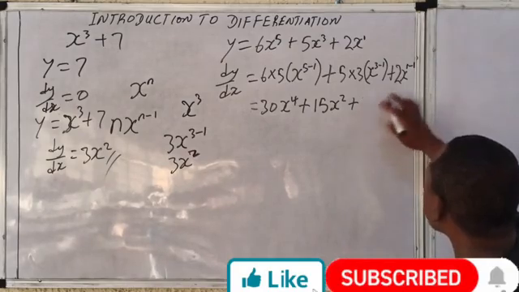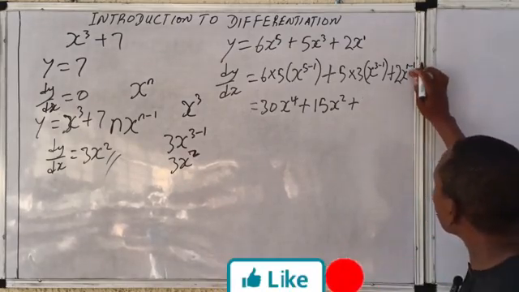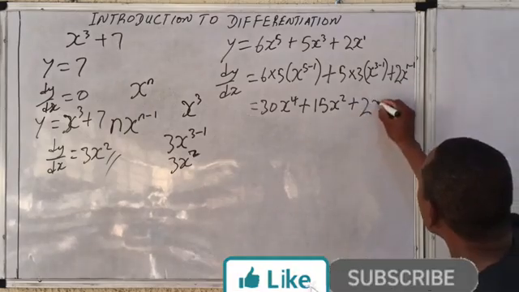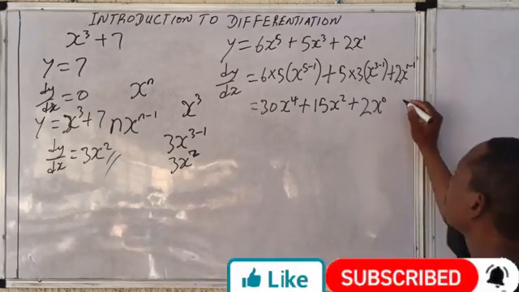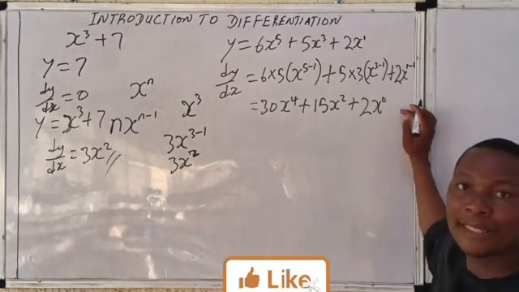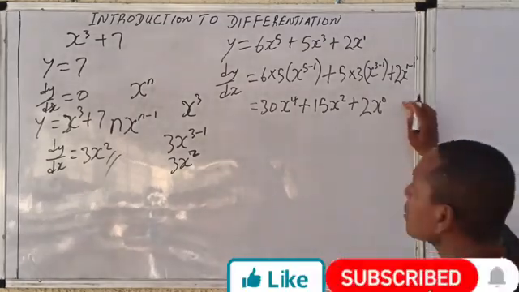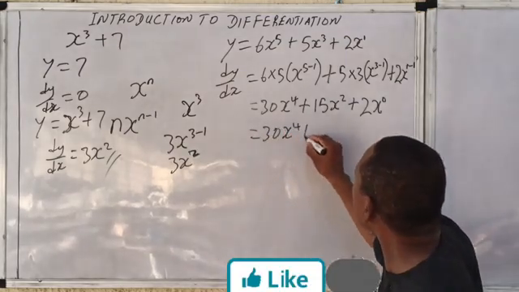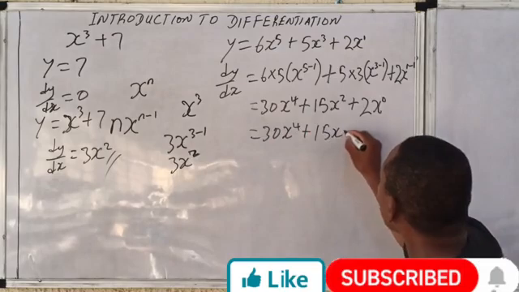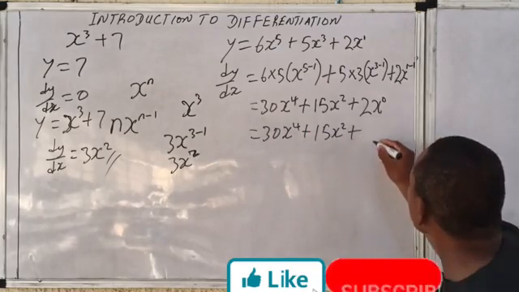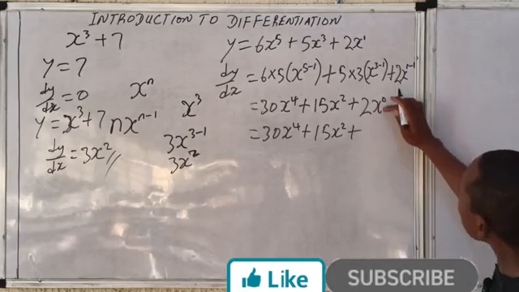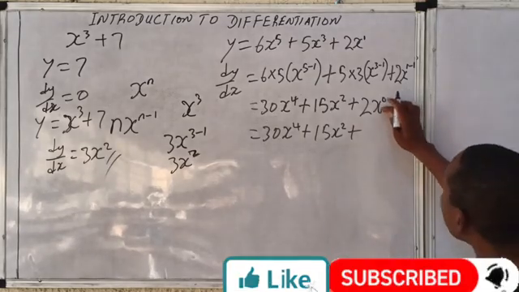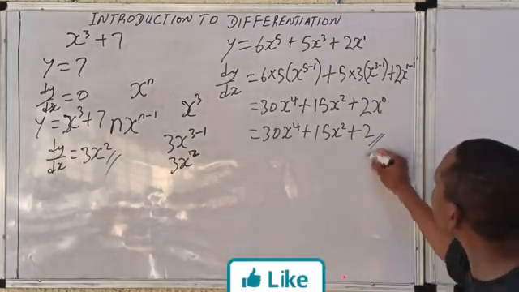But let's not write 2x. 1 minus 1 is 0. So we now have 2x raised to power 0. In mathematics, anything raised to power 0 is actually 1. So we have to write this as 30x raised to power 4 plus 15x squared plus, now, since x raised to power 0 is 1, it's now 2 times 1, which is 2. So this is our answer.